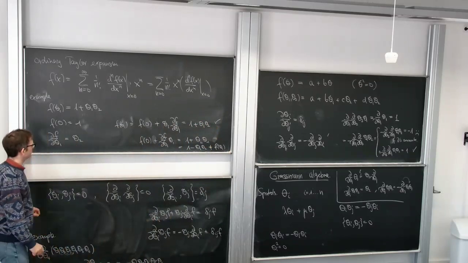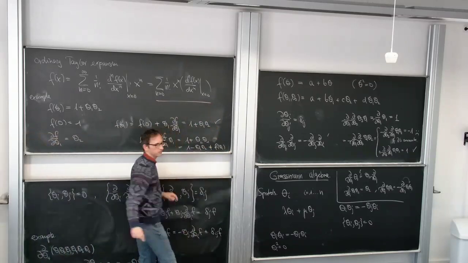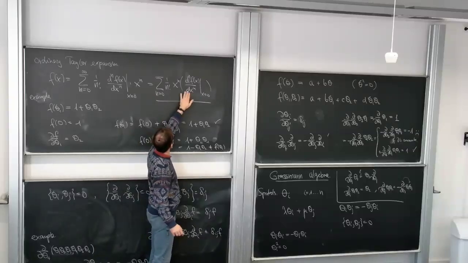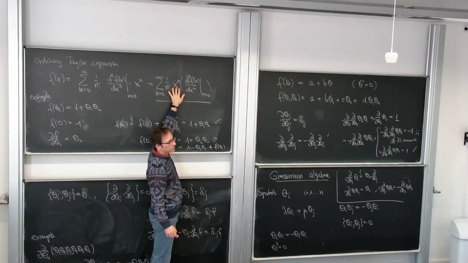So now we have to be careful. If the variables I'm writing the Taylor expansion for are Grassmann, then you have to put the deviation to the left.